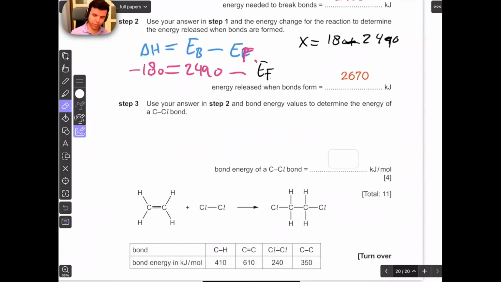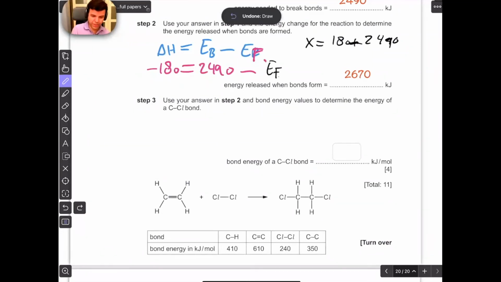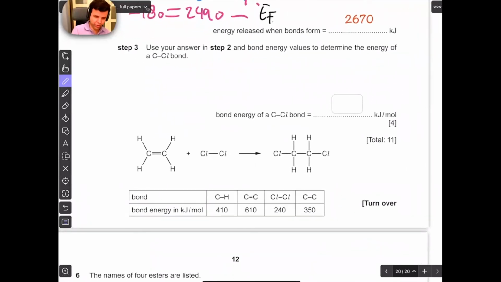So now what will be the next thing? Use your answer here. Use that answer, 2670, and the bond energy values to determine the value of the CCl. So what would it be? Now I'm going to look at the energy I have in the product. What do I have there in the product? I have 4 CH bonds, so 4 times these 4. I also have a CC bond, this one here, times 1.